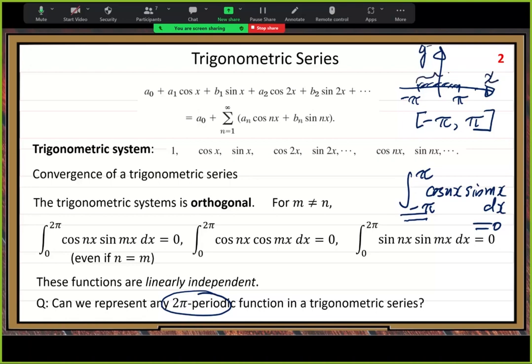Later you will see we will use some functions with symmetric property. When a function has symmetric property, then our Fourier series can be greatly simplified. We will get there.